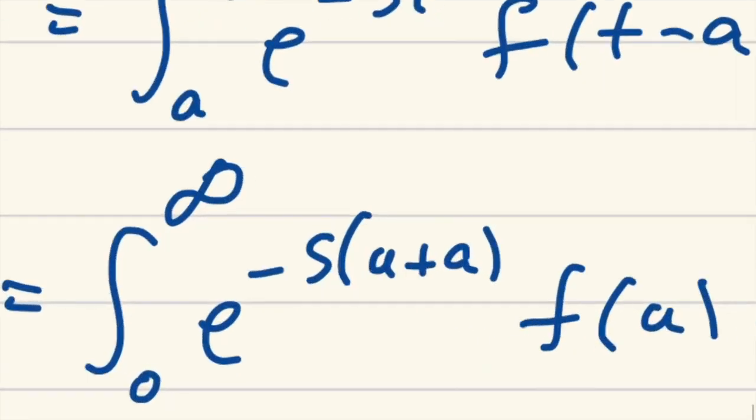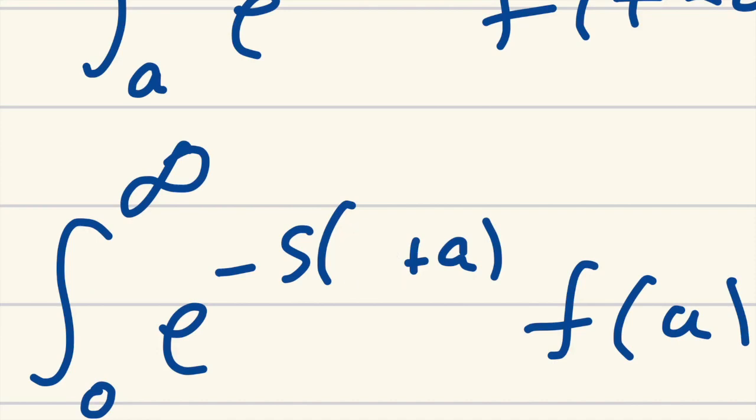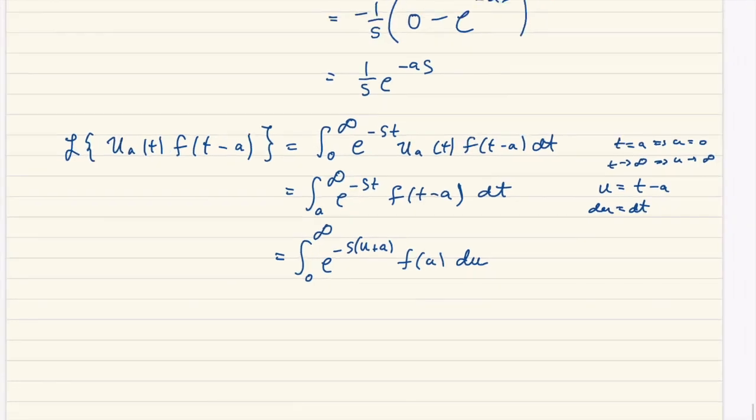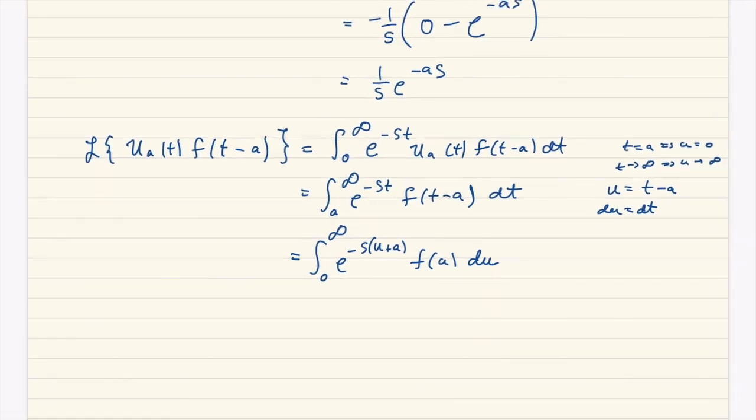Inside the parentheses here, just to zoom in real quick, this is a sloppy looking u. There we go. So e to the negative s times the quantity u plus a. And now let's think about what's going to happen. I can factor out this e to the negative sa from this exponential term.